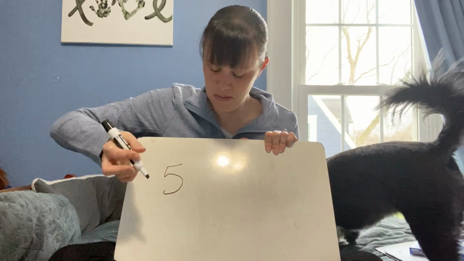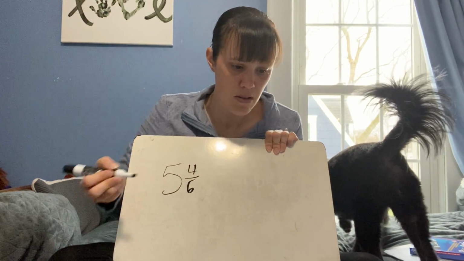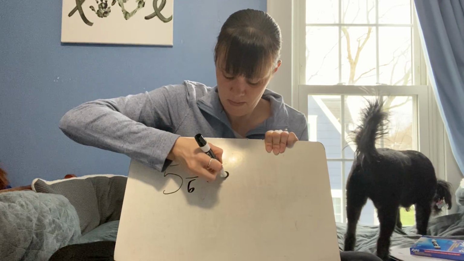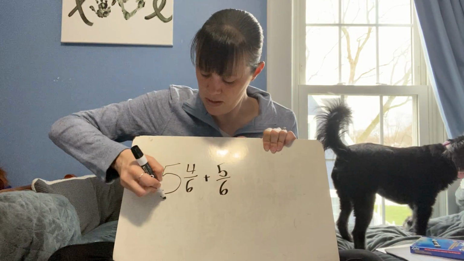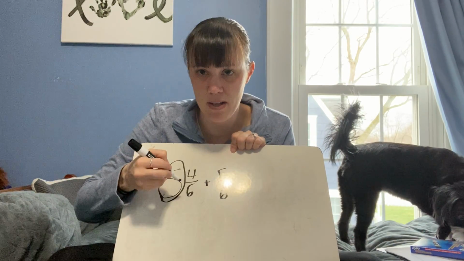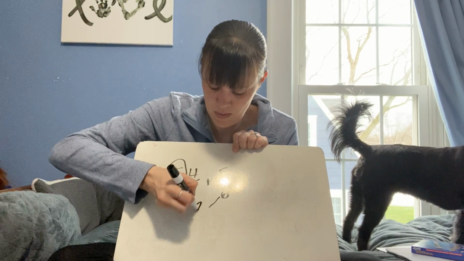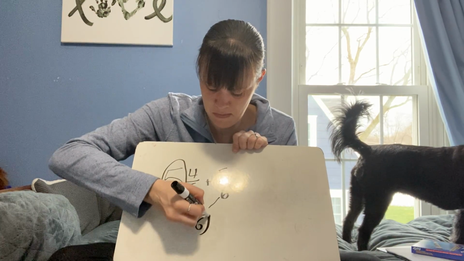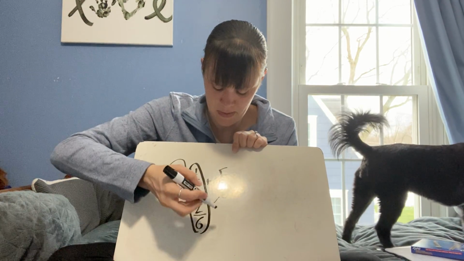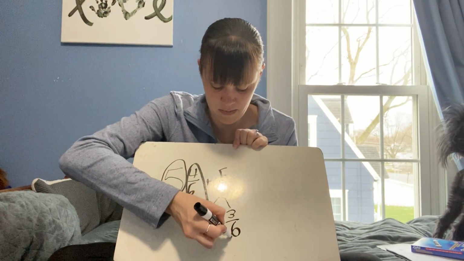5 4/6 plus 5/6. All right, circle that whole number. 4/6 plus what is going to give us 6/6? Oh, we know we need 2 more. If I take 2 out of 5/6, I am left with 3/6.